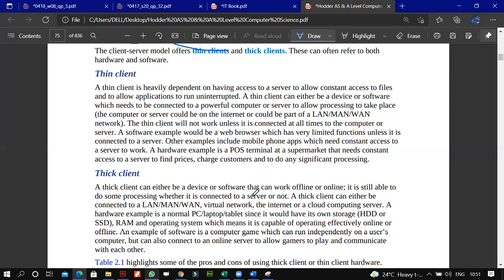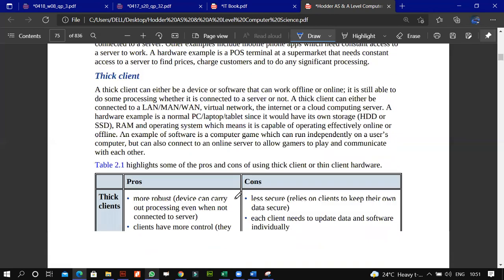They just have to probably browse, fill in some questionnaires every day. They belong to marketing and all that. They just come in, fill up and go. So we can work on thin clients. We don't really have to heavily invest in the client computers. We'll simply invest in the server.